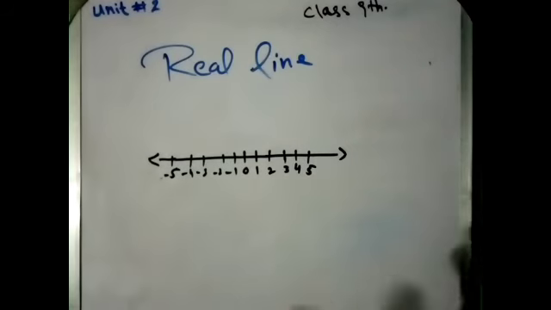This is called the real line. The real line is basically the union of rational and irrational numbers.